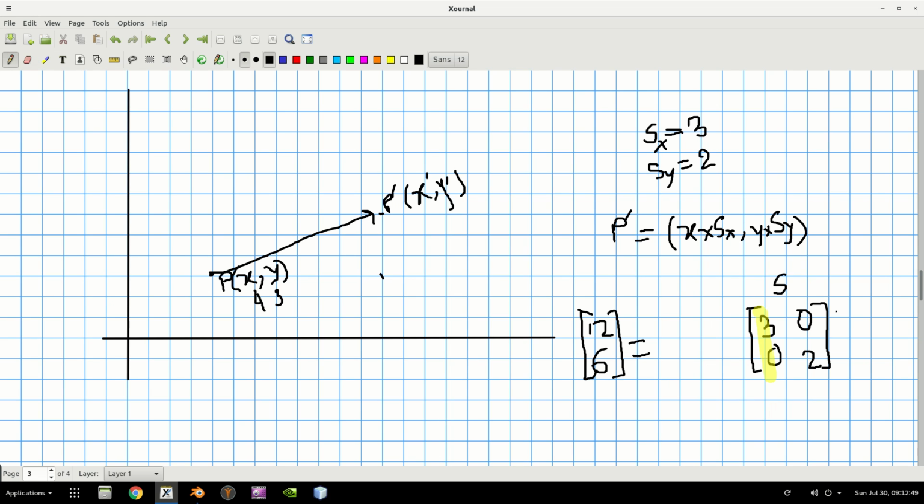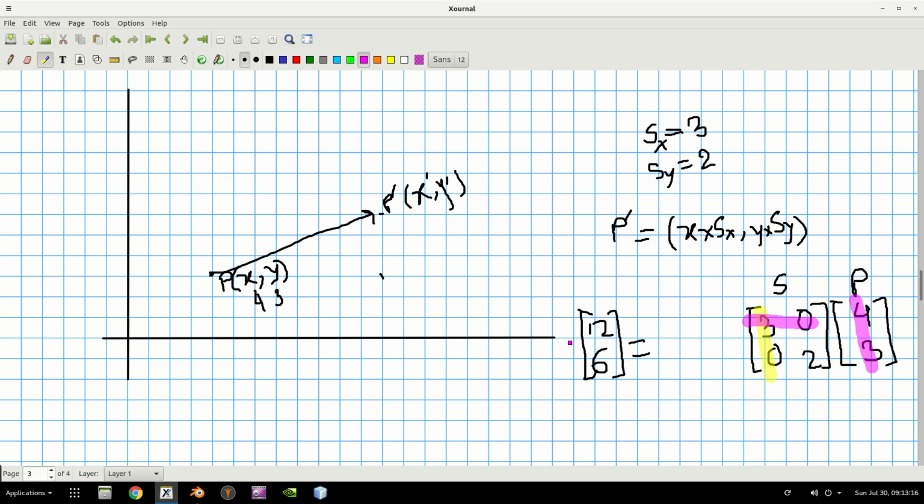What if we write it down on this side? The point itself, we write it down over here. So this time around, if you pick the first row from the first matrix and the column from the second matrix, what do we get? 3 times 4 is 12, and 0 times 3 is 0.